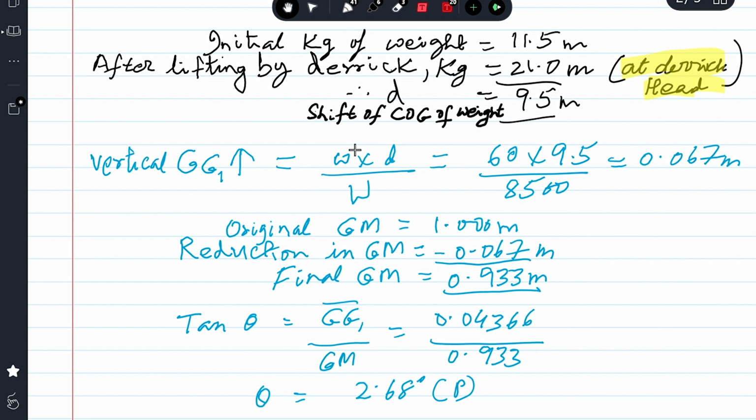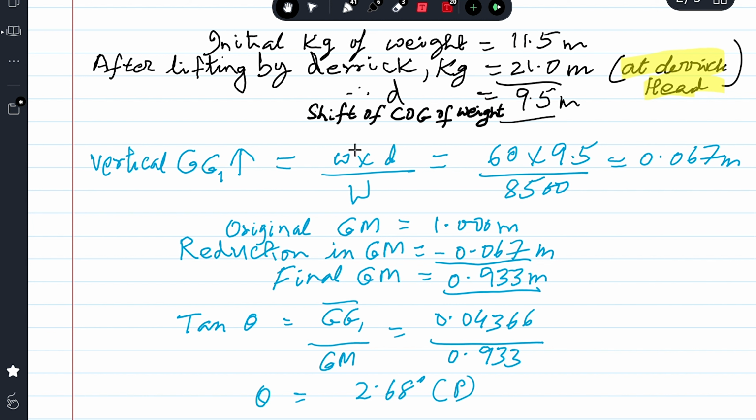So how much will be the shift in the ship's KG? Weight w multiplied by the distance by which the weight has shifted, upon displacement. 60 tons is the weight. We found the distance by which it has shifted vertically upwards is 9.5, initial displacement 8500. So 0.067 meter is the vertical shift upward of the ship's center of gravity. Means the KG of the ship will increase by 0.067.